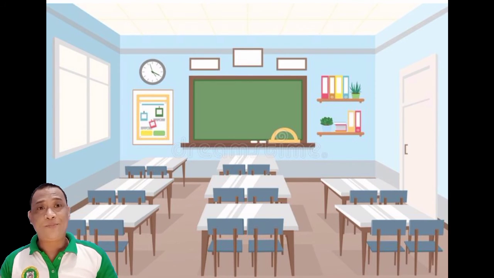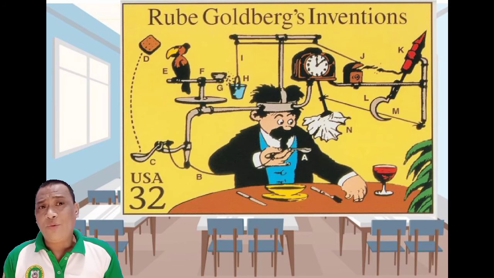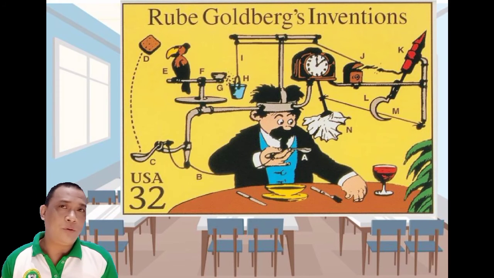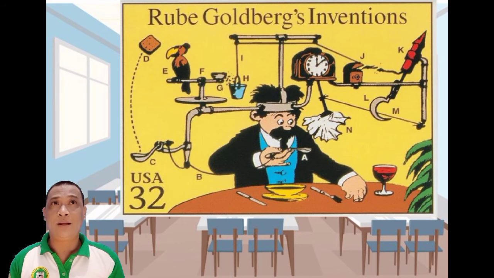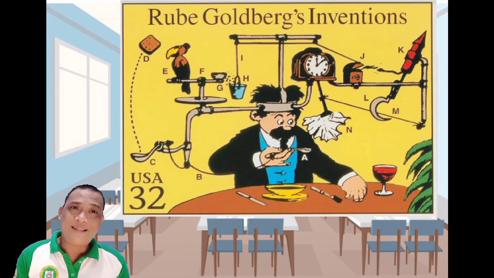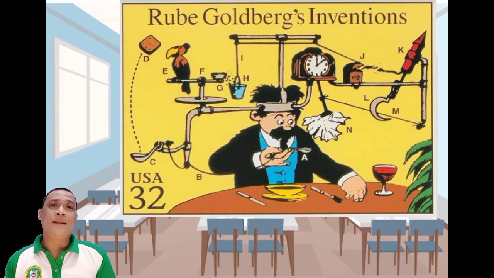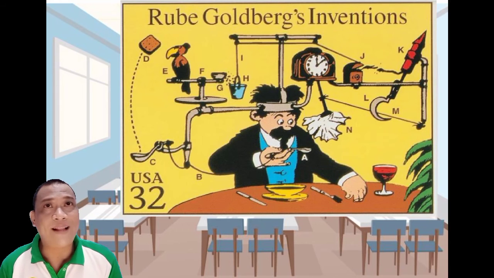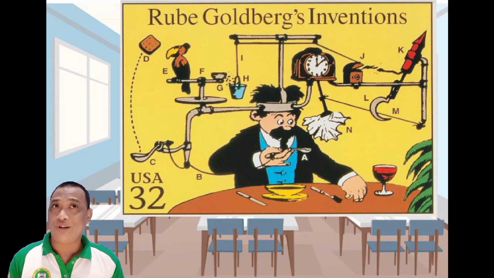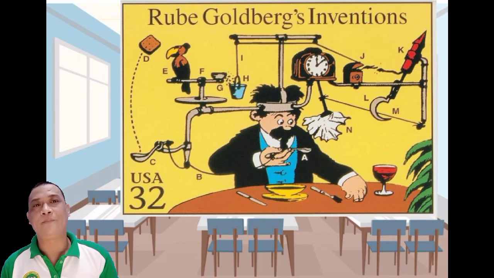So let's proceed to our third activity. So we have here Rube Goldberg, who was a cartoonist in the 1940s, who drew crazy inventions to do very simple things. The invention shown has a series of smaller tasks that leads to the machine wiping the man's face with a napkin.